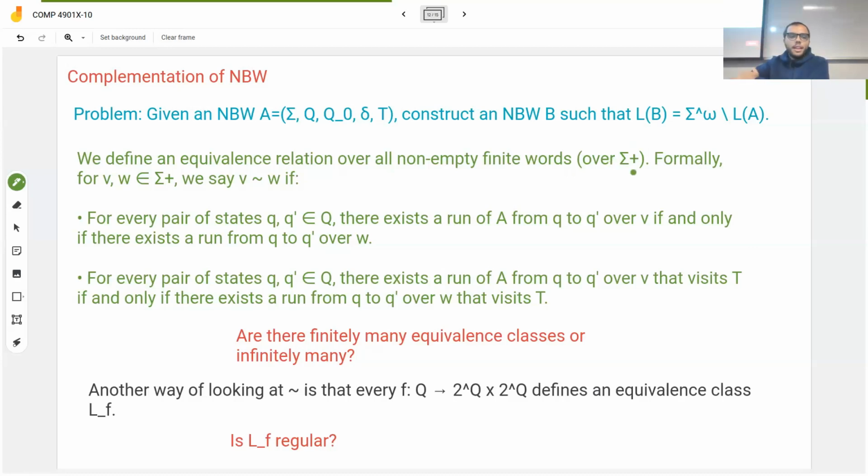And I use this symbol to denote my equivalence relation. So basically, I want to say that V is equivalent to W if I can do replacement. If whenever I have a string and somewhere in that string I have V, I can just cut V out and put W in its place.